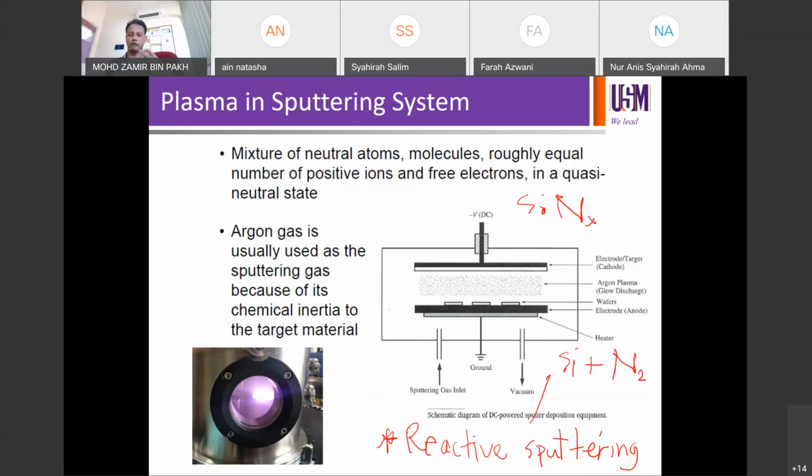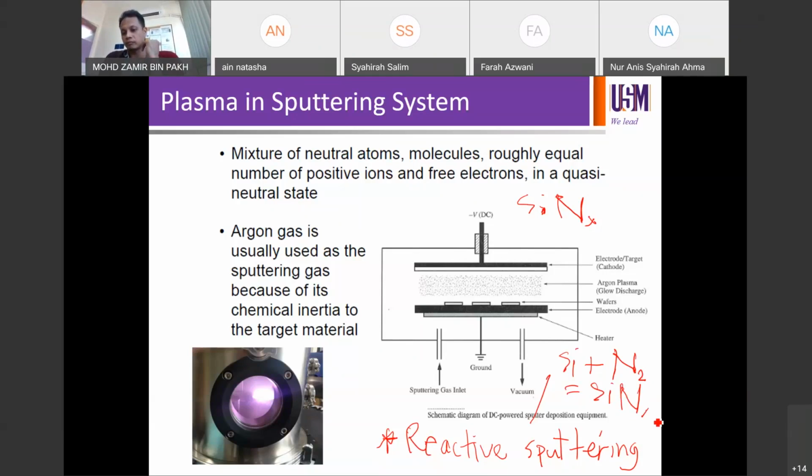So the first way is obviously to use a silicon nitride target, sputter the target, and you get silicon nitride on the silicon. The second way is to use a silicon target with your argon plasma. Then you have another channel injecting nitrogen gas, and this silicon will react with the nitrogen, forming silicon nitride to be deposited on your silicon wafer.